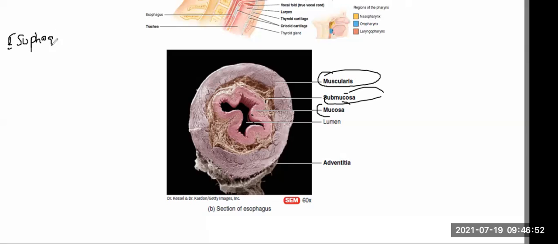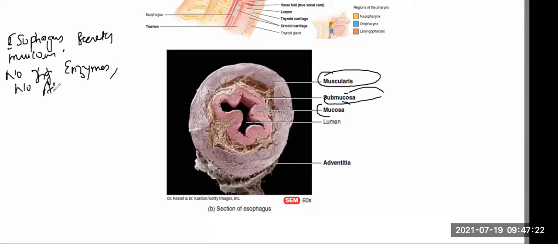Just remember that the esophagus secretes mucus, right? That helps to lubricate the food and move the food in a forward direction. And it does not have any digestive enzymes and it does not carry on absorption. So no digestive enzymes and no absorption in the esophagus.